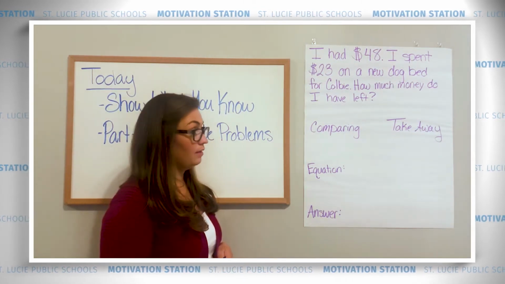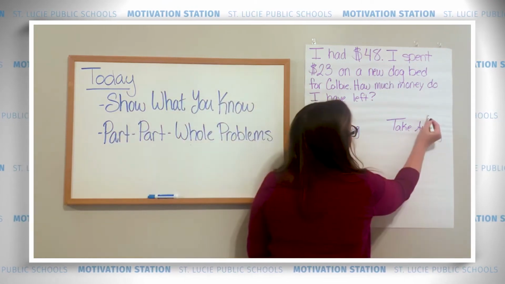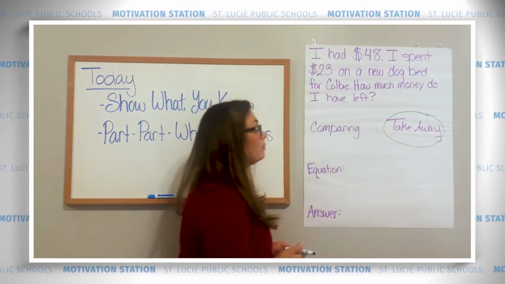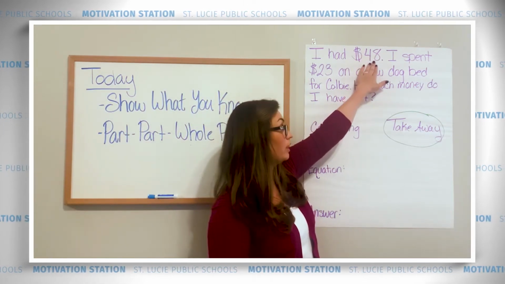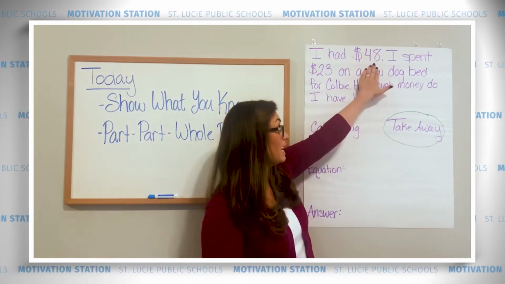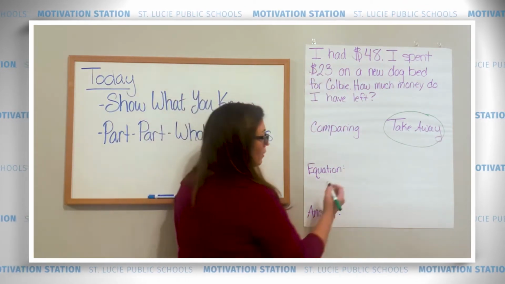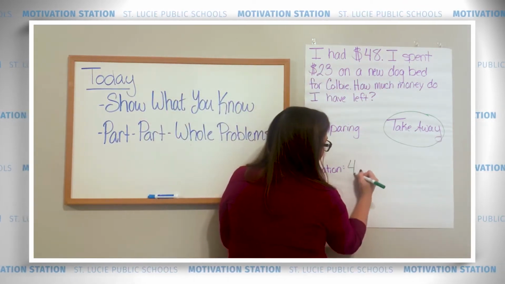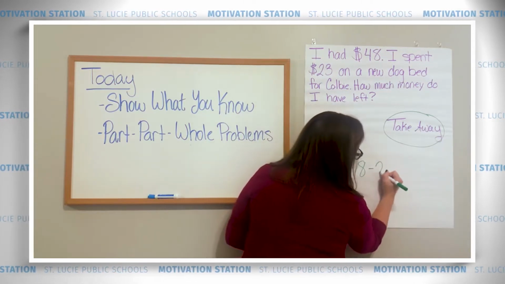What do you think? If you said that this is a takeaway problem, you would be correct. We have an amount, $48 that we're starting with, and we're making a change. We are taking away $23 because I spent it. So we are going to write the equation 48 minus 23.